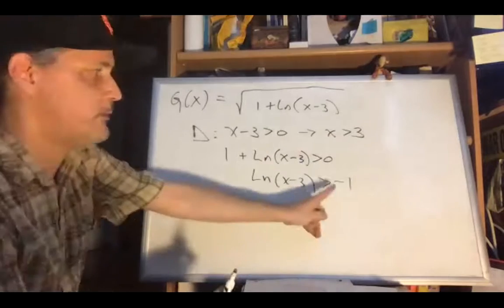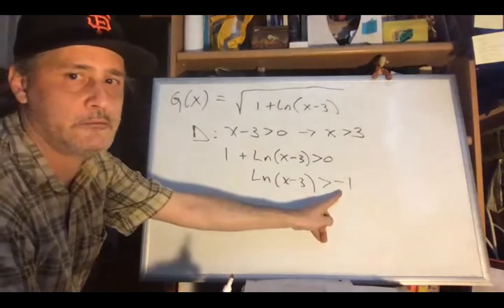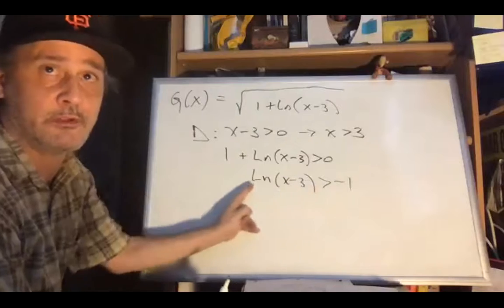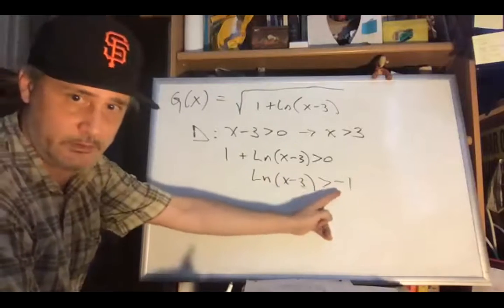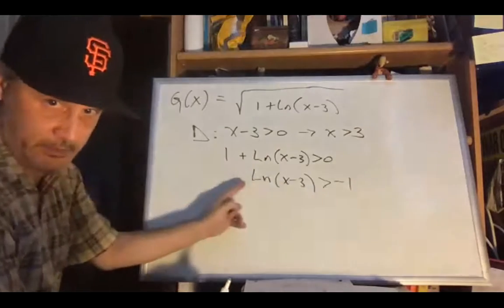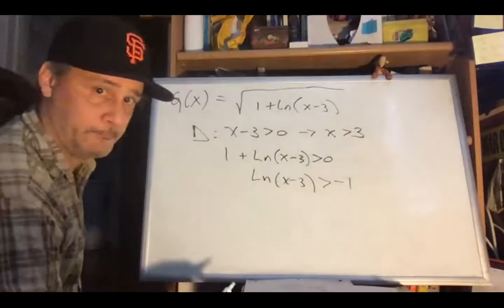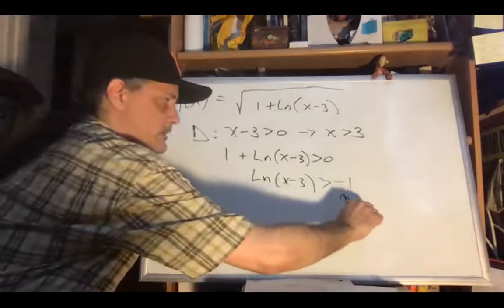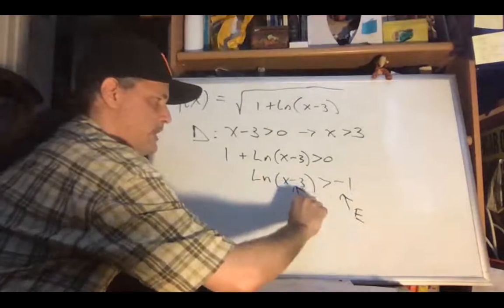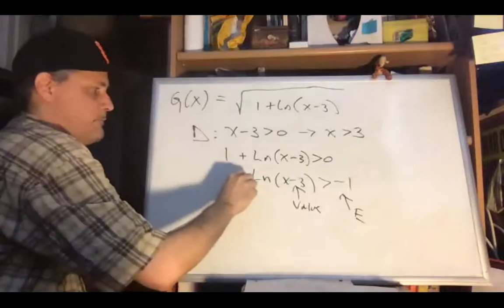So the exponents are bigger than -1. Remember, you can think of a logarithm as an exponent. So these are the exponents to base e, and the exponents are going to be bigger than -1. Again, that's the exponent, that's the value, and the base is e.